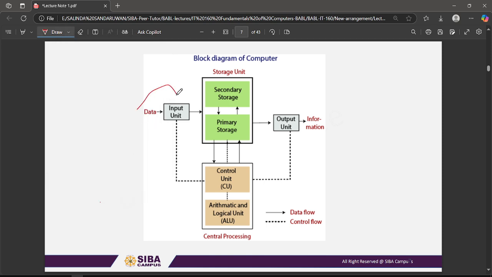The data will be input by the user, or the liveware. Sometimes it will be received automatically. Then it goes to two places, the storage device and the central processing unit, or CPU, simultaneously at the same time.